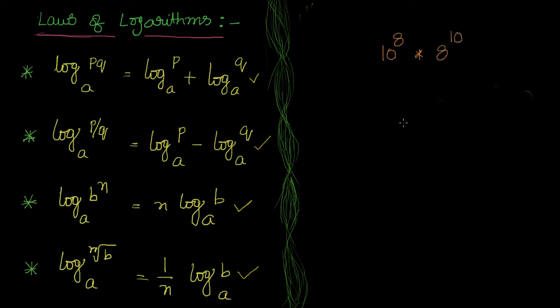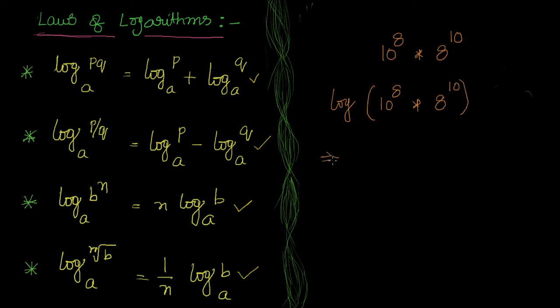Oh my god! I want to find out that value. Now let me apply the first rule and also the third rule. To simplify this, I will apply logarithm on it. I will say log of 10 to the power of 8 into 8 to the power of 10.